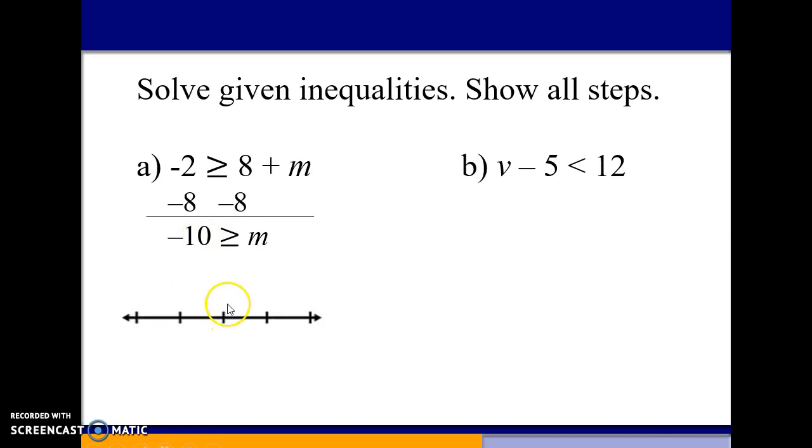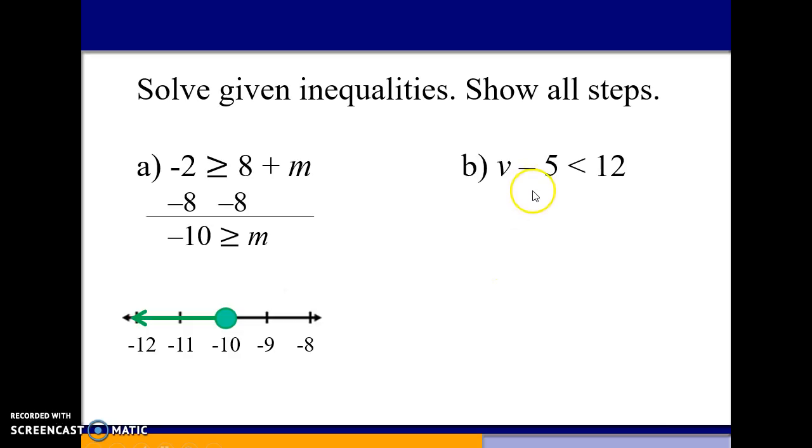Now to graph it, we put the number line and we put -10 in the middle and a few numbers greater than -10, a few numbers smaller. We need to close the dot because of the half of the equal sign, because -10 is a possible solution to this inequality, and then any number less than -10 is a solution, which is to the left.